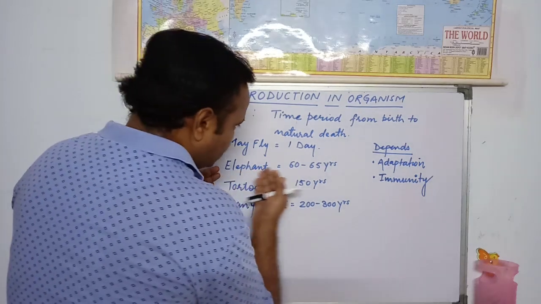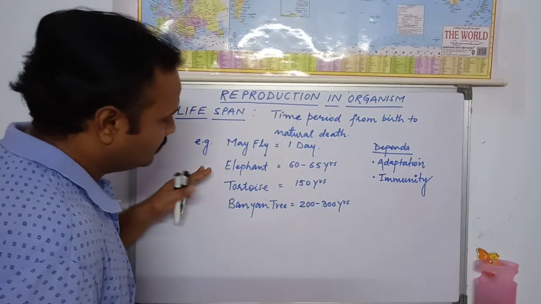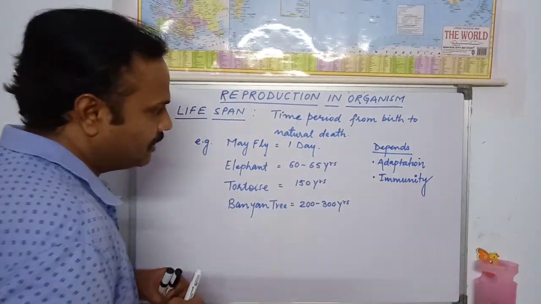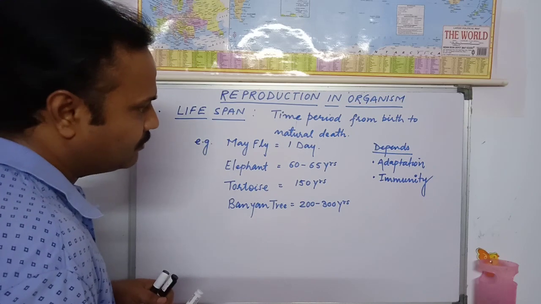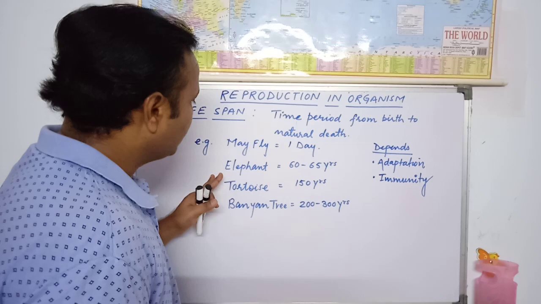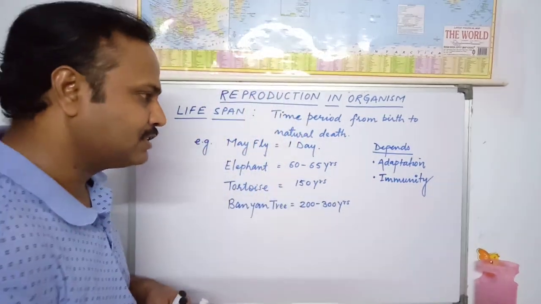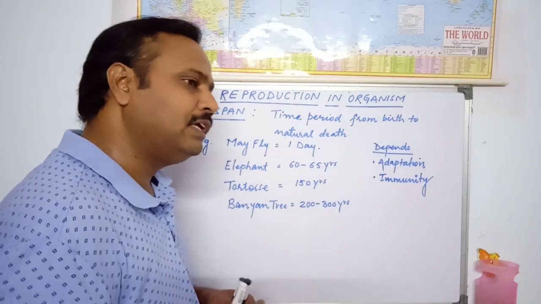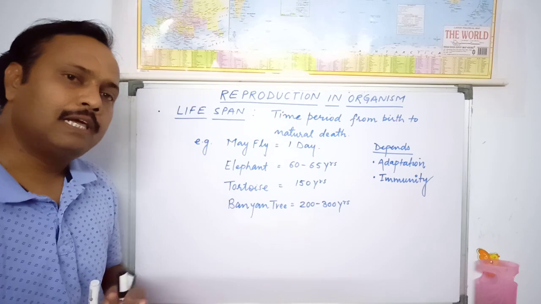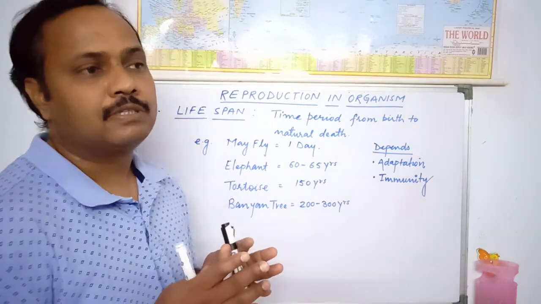If you discuss the fertility rate of the elephant, in the entire lifespan one female gives only 6 births. If you compare some fishes like tilapia, in one spawning that fish gives approx 1,25,000 eggs.